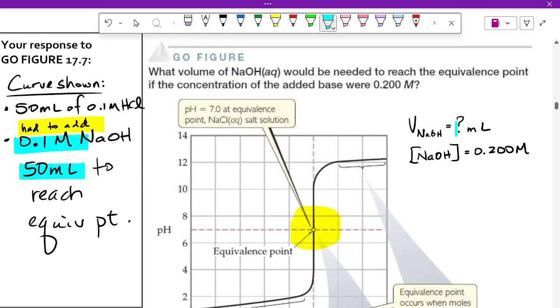How many milliliters would we use if we changed the NaOH concentration to 0.2 molar? You don't have to do calculations to show it. You can just think it through. Chat with your neighbor about it.